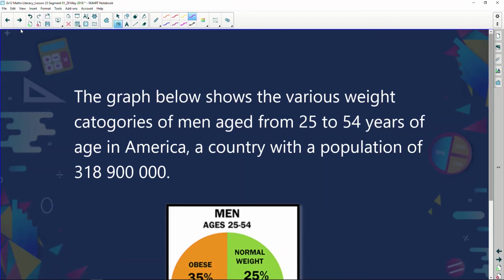Let's have a look at this. The graph below shows the various weight categories of men aged from 25 to 54 years of age in America, a country with a population of 318,900,000.